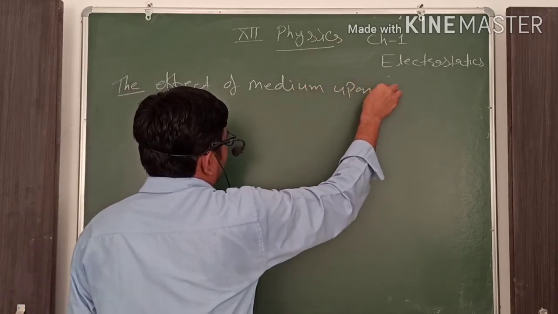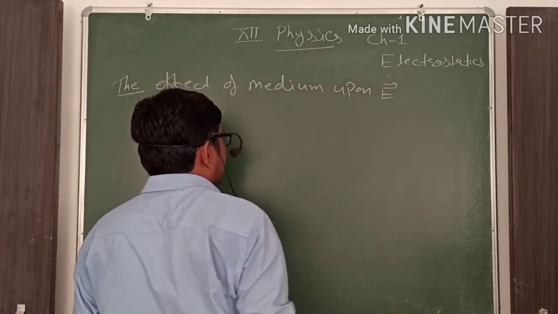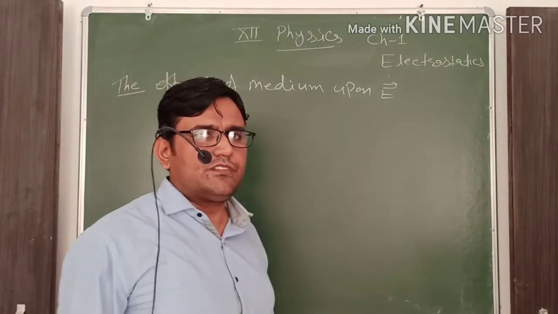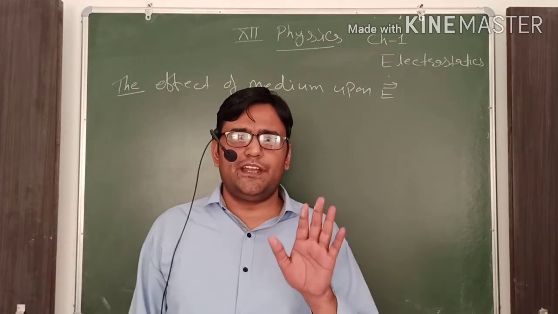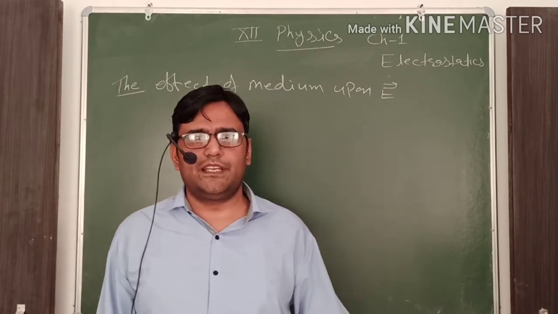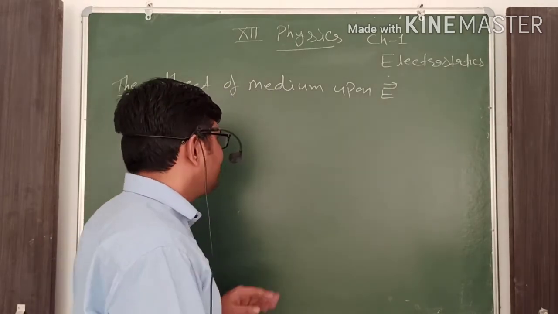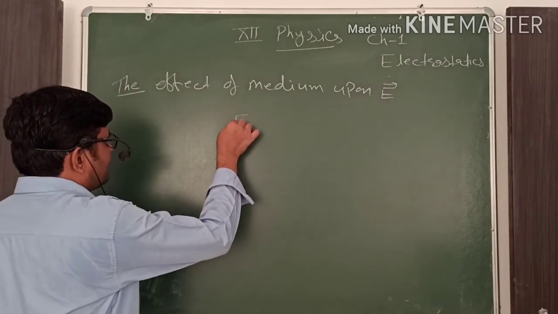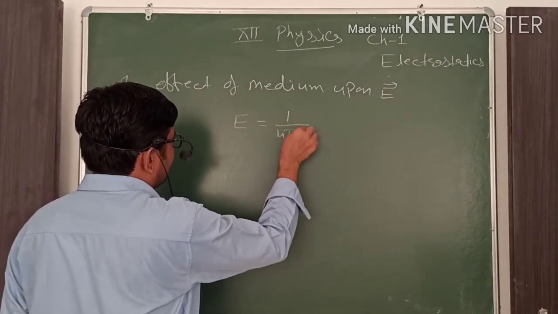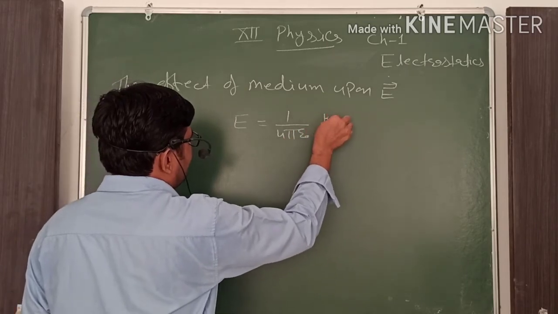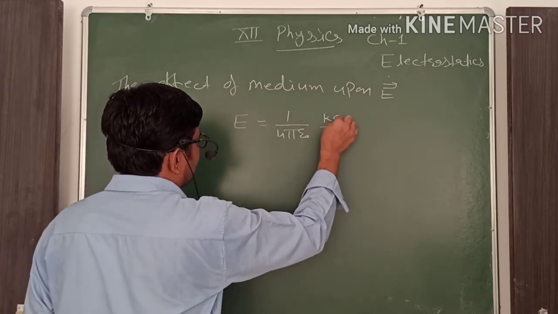upon electric field. If we place our source charge into a particular medium having permittivity epsilon m, then the same formulation applies. The formula of the electric field in vacuum is 1 upon 4 pi epsilon naught, kq upon R square.